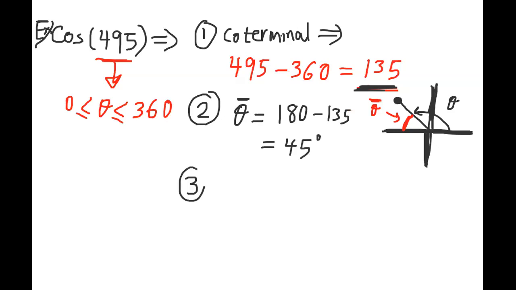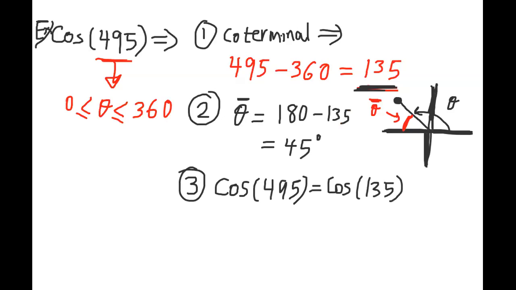Third step, we have to find the cosine. The cosine of 495 is exactly the cosine of 135, and again, what's the sign of the cosine? Is it positive or negative for the second quadrant? It is negative. In the second quadrant, the cosine is negative.